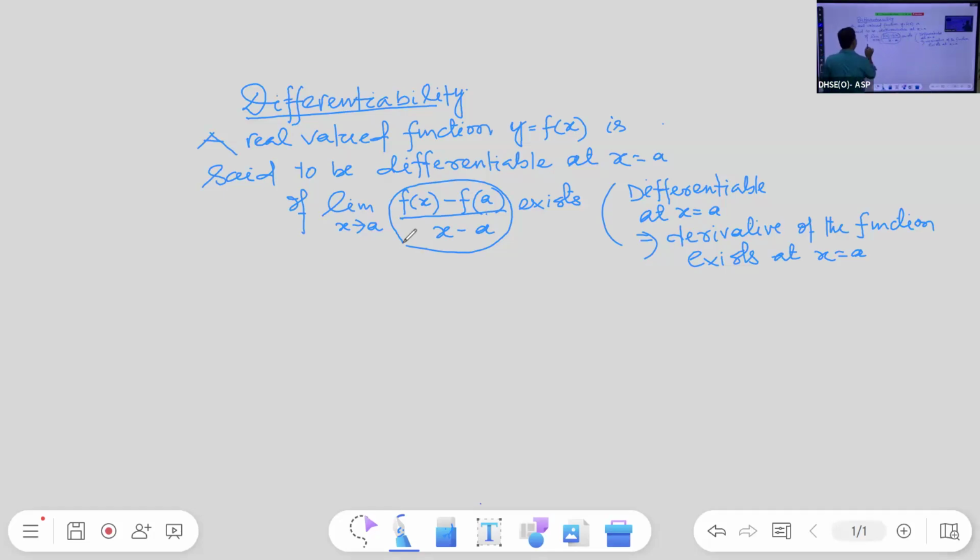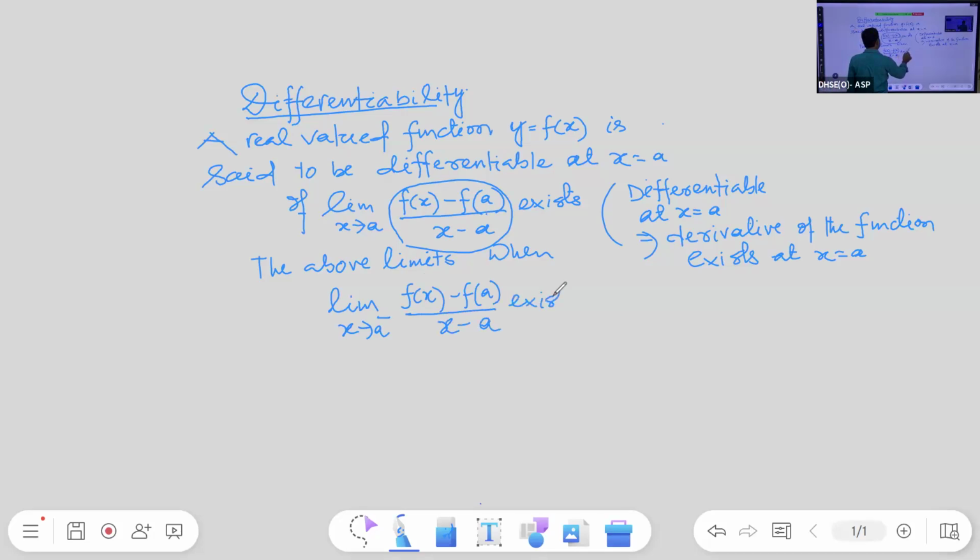So this limit exists only when, write down, the above limit exists when limit extending to a minus, that is left hand limit, of f of x minus f of a upon x minus a exists, and limit extending towards a plus of f of x minus f of a upon x minus a exists.